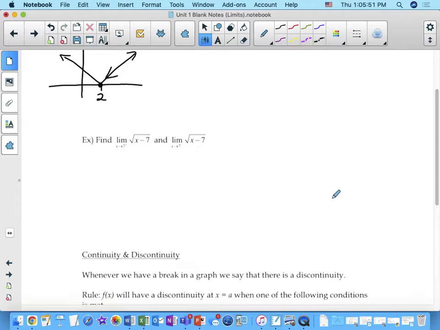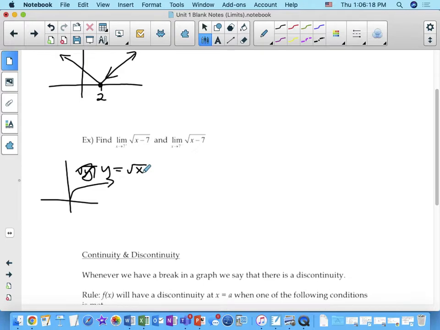Okay, so your basic square root of x function looks like a parabola sideways, but just half of it, right? So that's y equals square root of x. Okay, if we're looking at the square root of x minus 7, what's going to happen to that graph? It's going to move right 7 units.